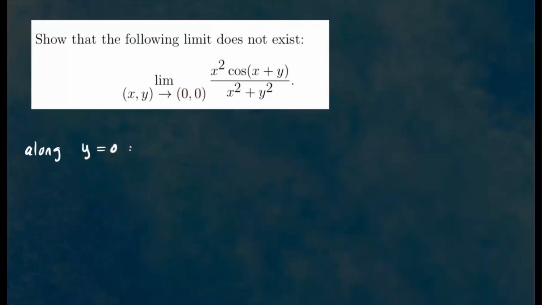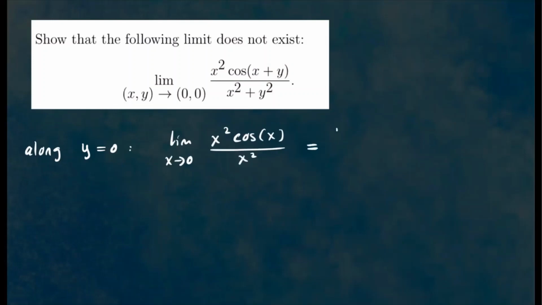That means we're converting this to a single variable limit. We have the limit as x approaches 0, since we're substituting y equal to 0. We plug in 0 for y, so it reduces to a single variable limit problem. We get x squared cosine of x over x squared, because y is 0.